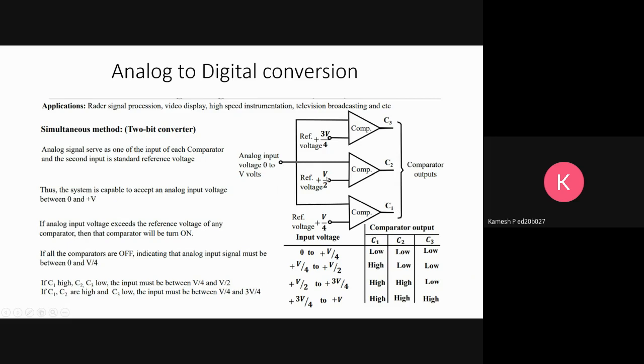If the analog input is greater than V by 2, then there is an output from the comparator. And similarly for plus 3V by 4, if the analog input exceeds 3V by 4, then there is an output from the comparator.